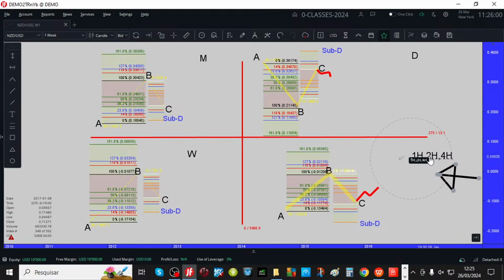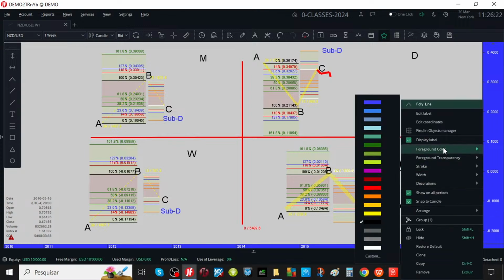How are you going to make money on the 1 hour, 2 hour, 4 hour chart, everybody? There is no right or wrong. Do you want to buy? Or do you want to sell? The contrarian. What do you want to do?